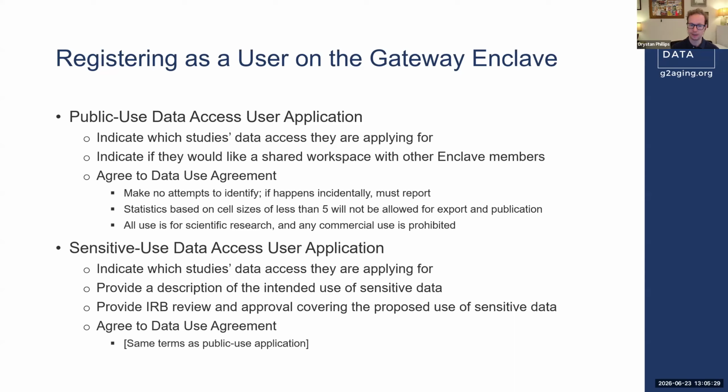Then you agree to the data use agreement, which says that you make no attempts to identify. If it happens incidentally, you would report that. Statistics based on cell sizes of less than 5 will not be allowed for export or publication, and all use is for scientific research. All commercial use is prohibited.